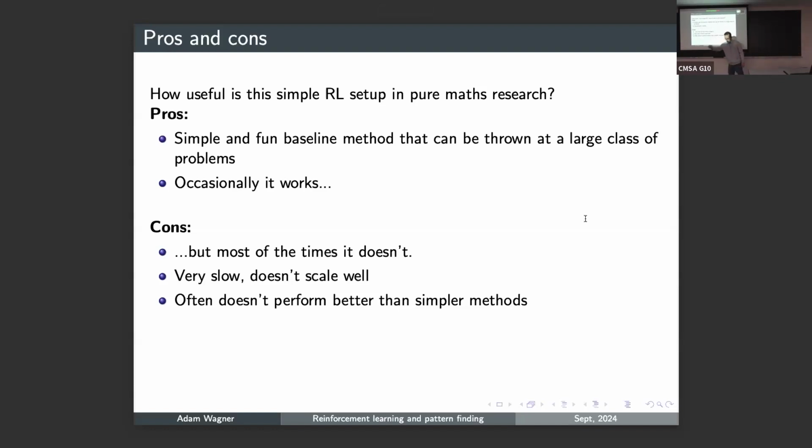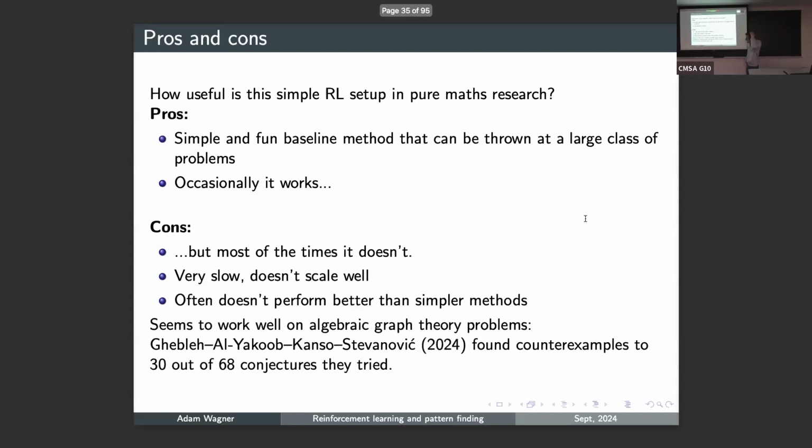So reinforcement learning is very, very slow, it doesn't scale well, and many times it doesn't even outperform much, much simpler methods. So reinforcement learning is not magic, and just because you can attack a problem with RL doesn't mean that you should. Having said that, there was recently a really interesting paper where this group of authors realized that this particular method that I just described works very well on a tiny, tiny subset of graph theory.